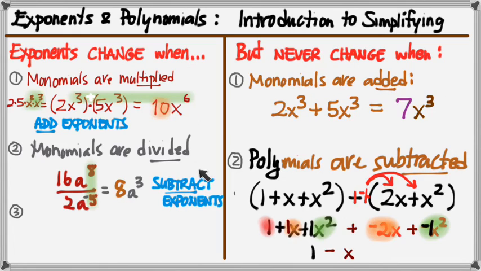We have multiplication and division living over here on the left. So where else could we possibly go? What other operation can I do to a polynomial that might change its exponent, besides addition, subtraction, multiplication, and division? Last of our elementary exponent rules is what happens when we raise a monomial to a power.